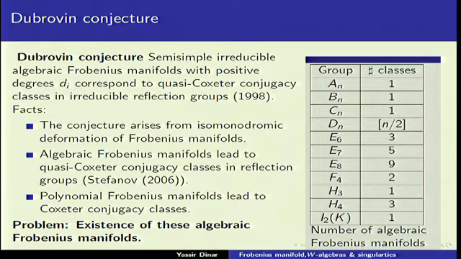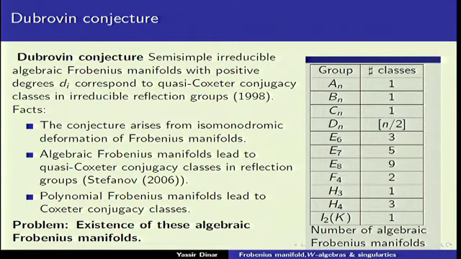So the problem we are working on now is just the existence of these algebraic Frobenius manifolds, whether they exist or not. Also, the conjecture gets stronger because the asymptotic deformation of a Frobenius manifold, when it is polynomial, gives you the Coxeter conjugacy class in reflection groups.